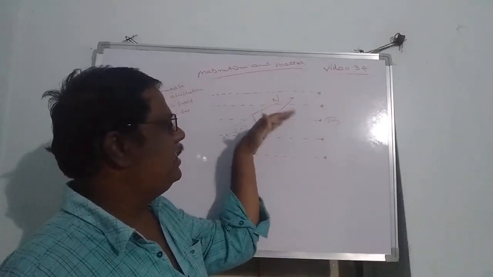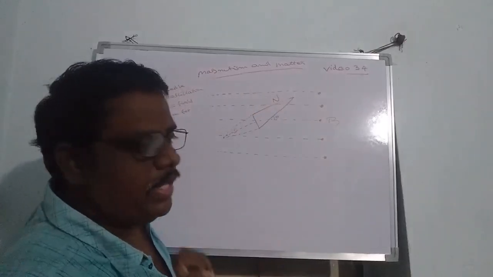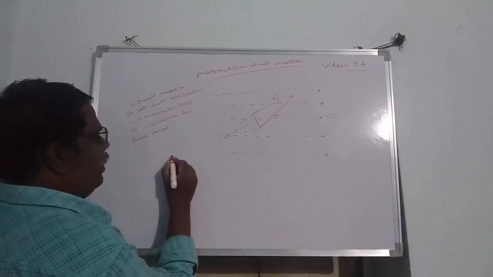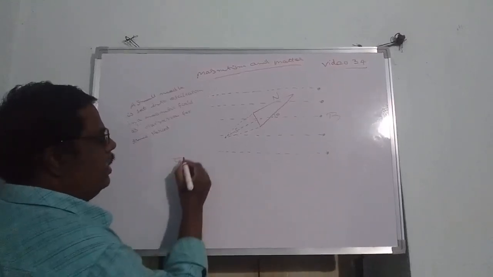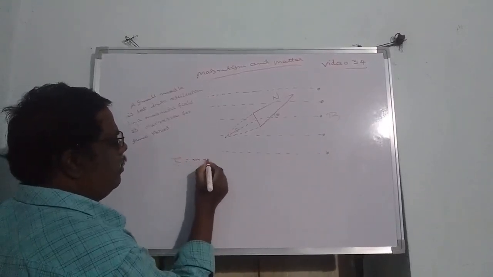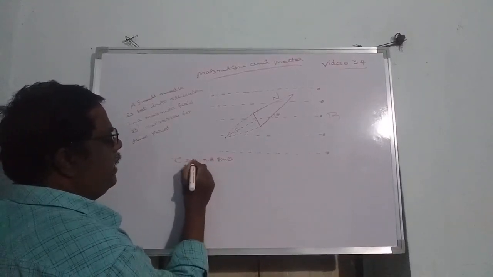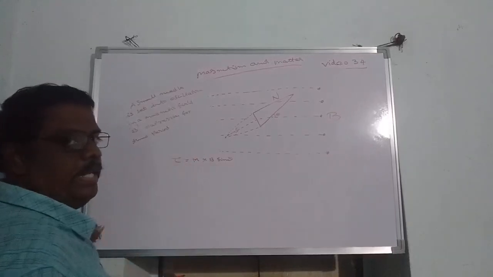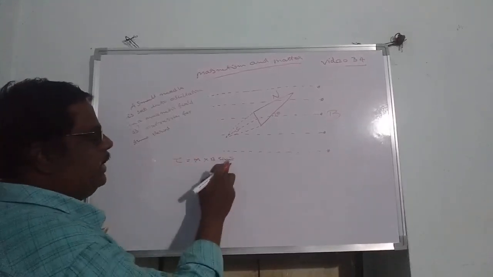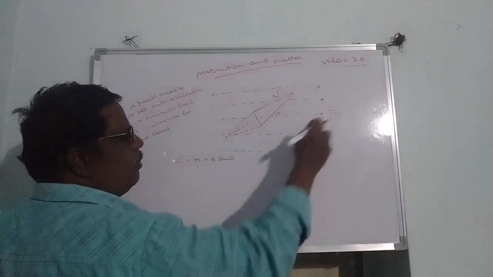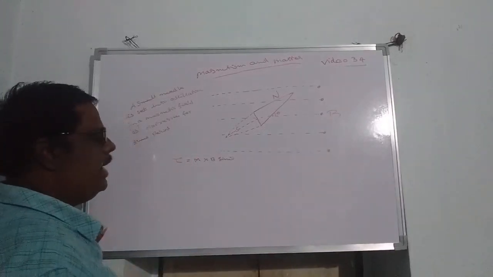When it deflects due to the external magnetic field, there will be some restoring torque. Torque should be denoted with tau. The restoring torque will be equal to M B sin theta, where M is the magnetic moment, B is the magnetic field induction, theta is the angle between magnetic moment and magnetic field induction.